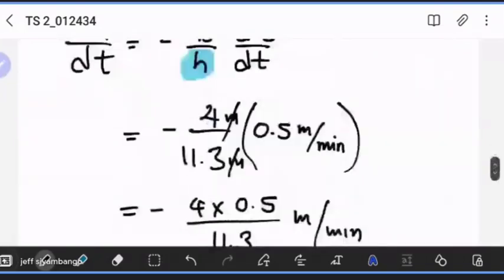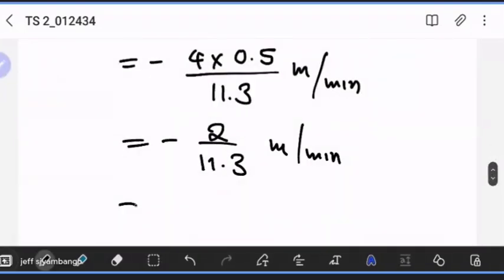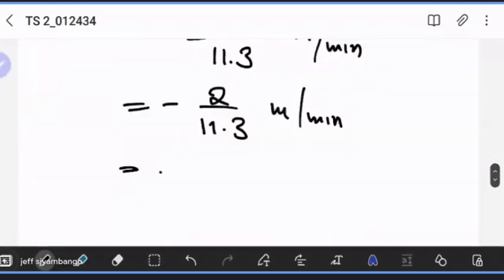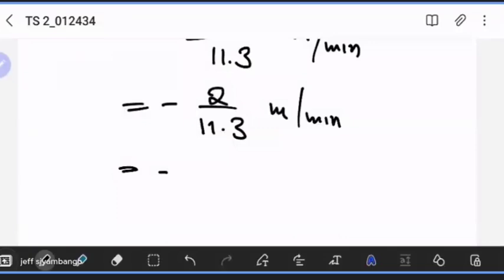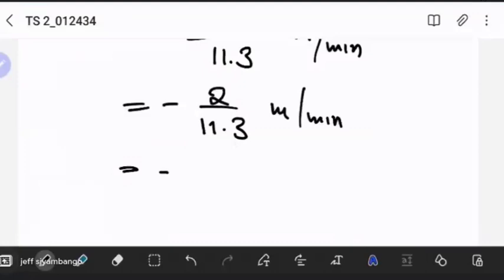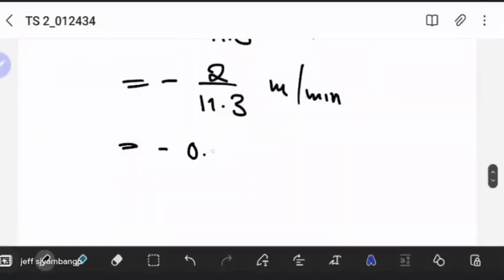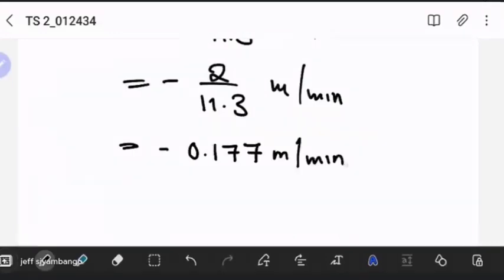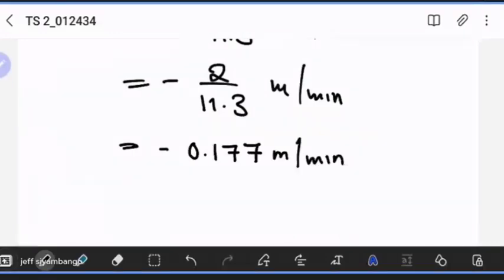So what will be the answer here? Negative 0.177. Okay, so this is our dH/dt.